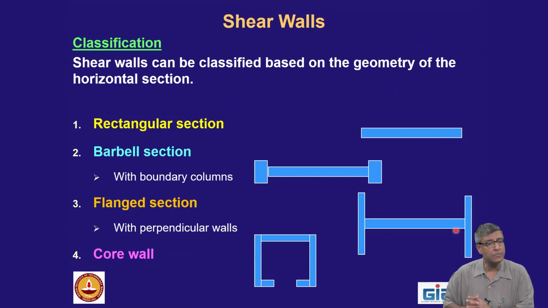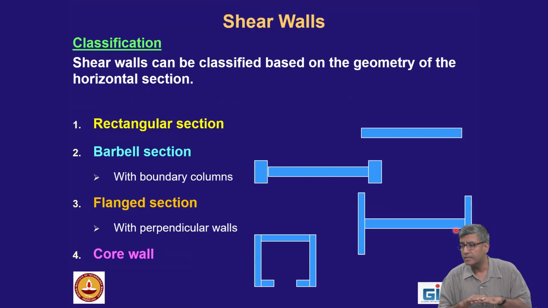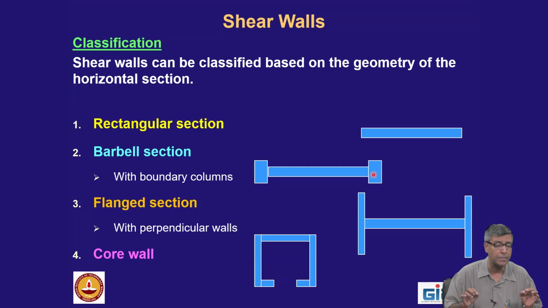Now, in terms of design, we can also try to classify the walls based on their horizontal section. The simplest type is a rectangular section, whereas what is preferred is, just like the way we go for I sections for a beam, similarly you can have bounding columns. The bounding columns may be concealed, but if you strengthen the edges, you get better behavior.